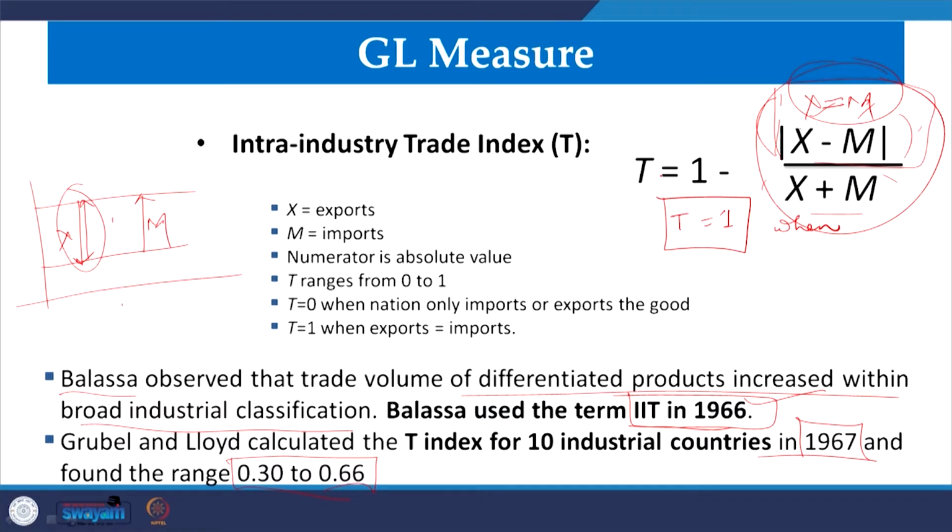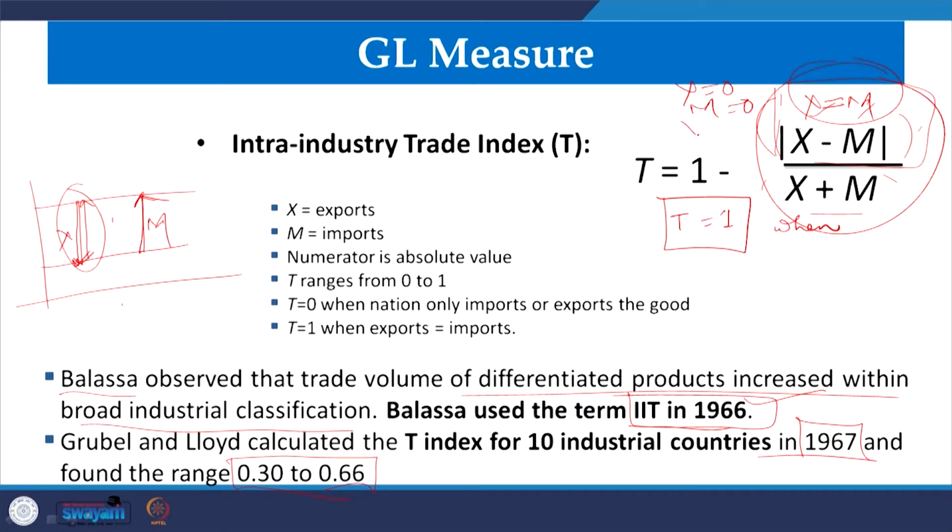Whereas, on the other extreme, if you are not actually importing or exporting in one sector or importing in another sector, other than this particular exported sector, then exports are not equal to imports. Rather, so far as the same industry is concerned, export is either equal to 0 or import is equal to 0.